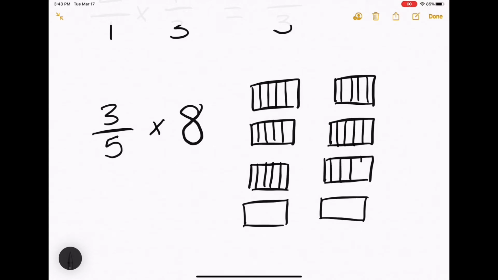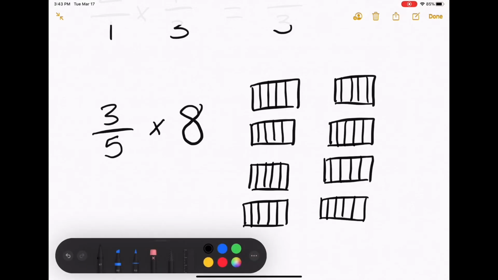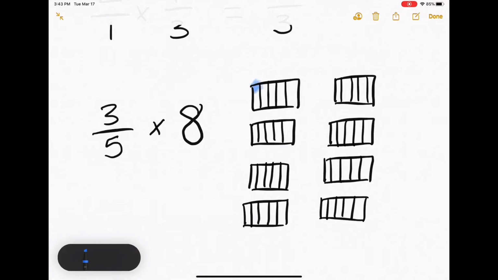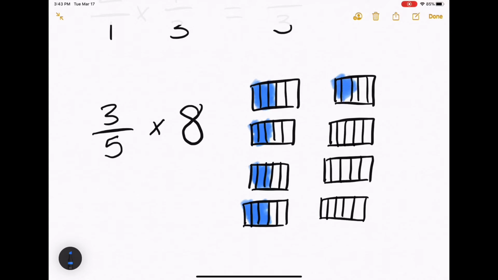After I draw my 5 equal parts, I would need to shade in 3/5 in each model.